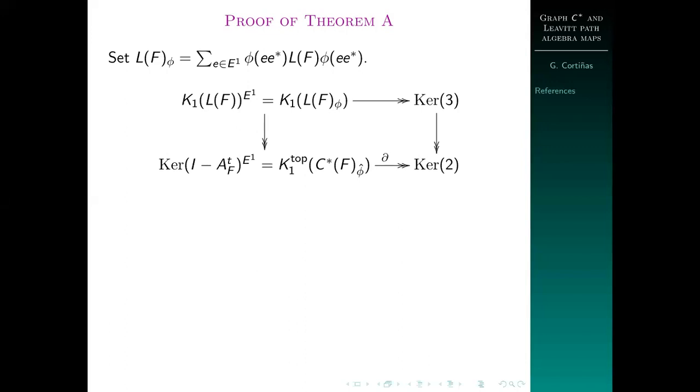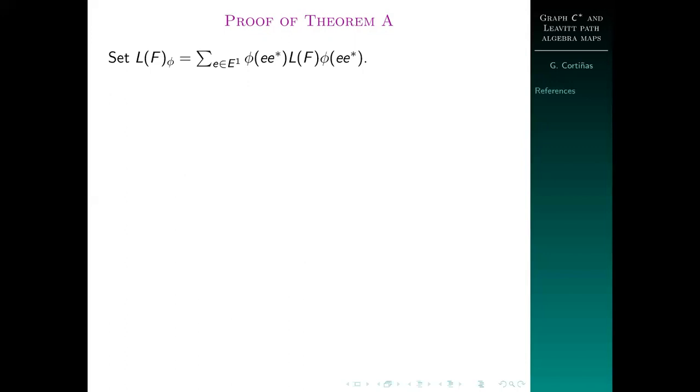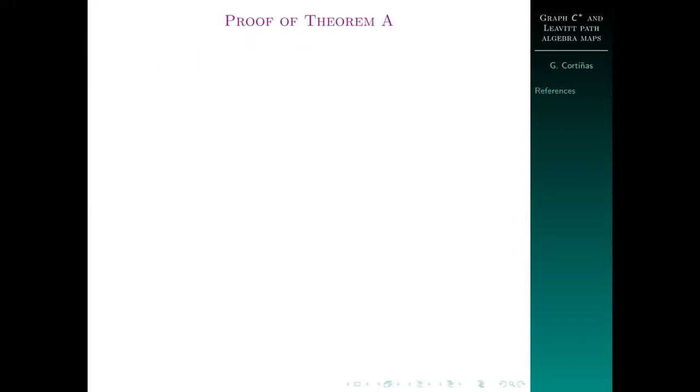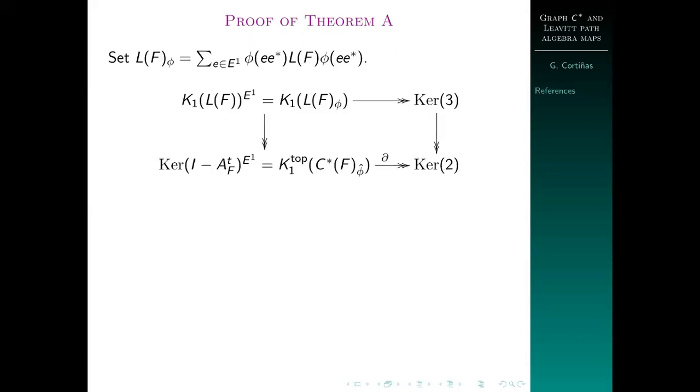And this maps onto the kernel of the map 3. The map 3 is this one, right, at the algebraic level. And similarly, K1 top of C star F phi hat, which is K1 top of C star F to the E1, and K1 top of C star F is this kernel, maps onto the kernel of the map 2.